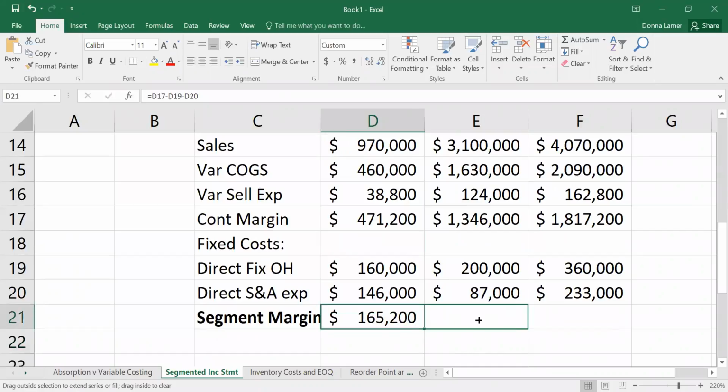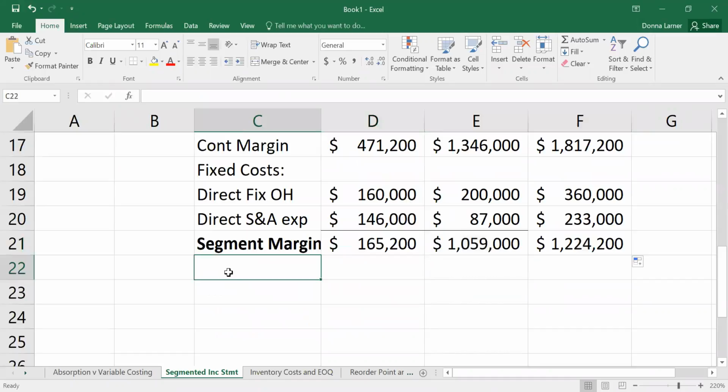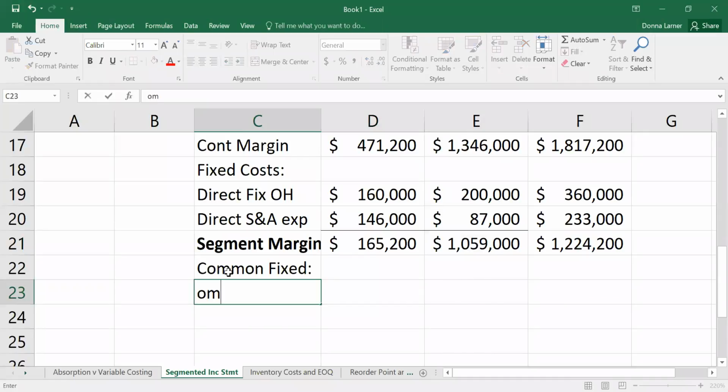We're going to do the same thing here and here. And now we're going to look at common fixed costs. That includes common fixed overhead.